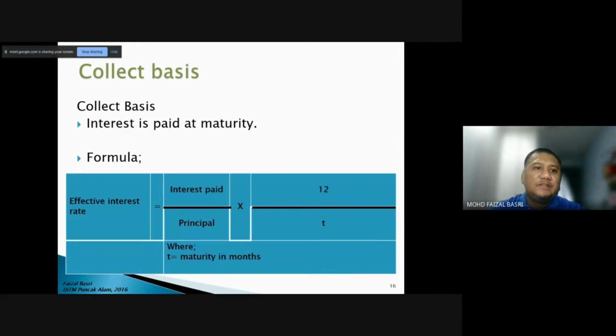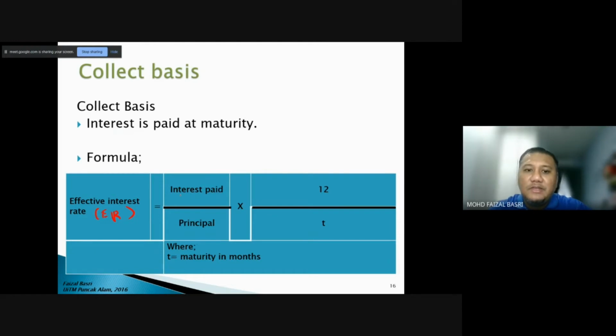Actually, this is not only for collect. The one that we're going to calculate is the EIR, remember, this is the effective interest rate. The formula will be based on this. This formula will be applicable when we want to calculate bank loans, short-term bank loans.